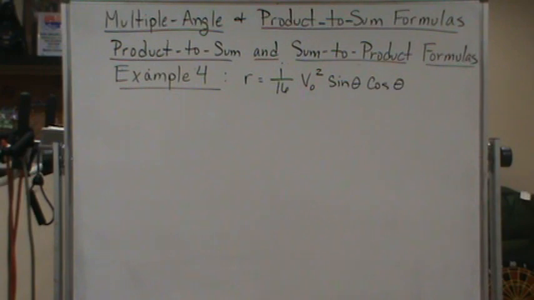R is the horizontal distance in feet that the projectile travels.